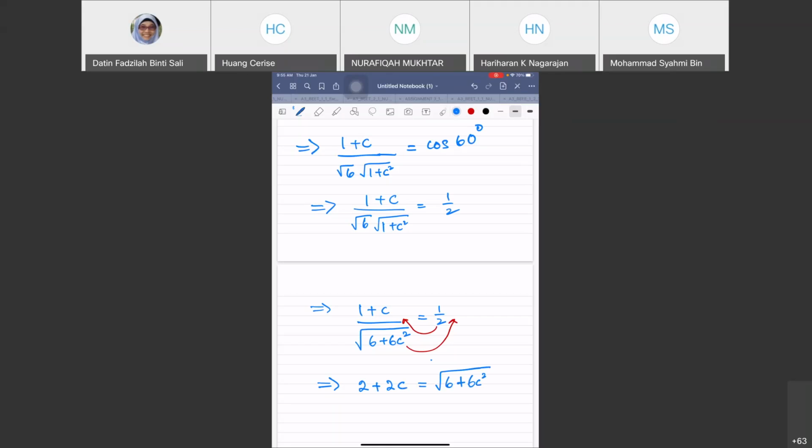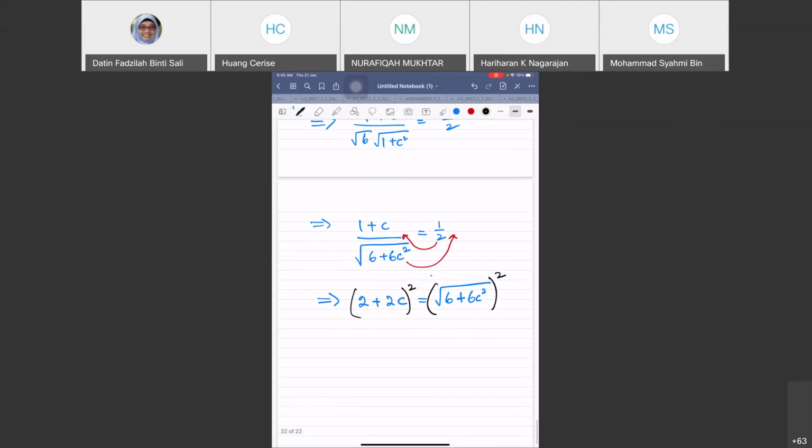Then you get rid of the square root. This is how we get rid of the square root: we square both sides. Then on the left hand side, you just use your binomial expansion, a plus b squared.